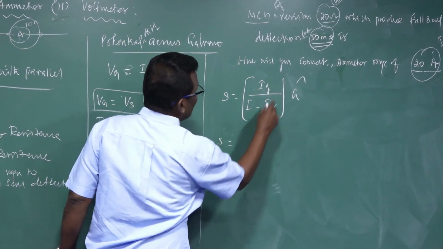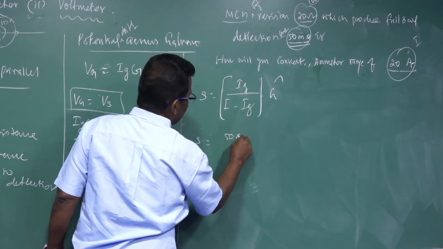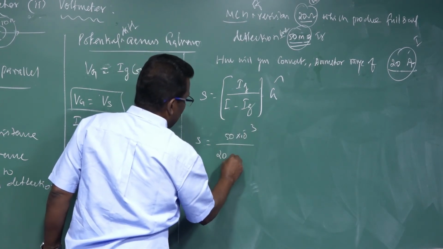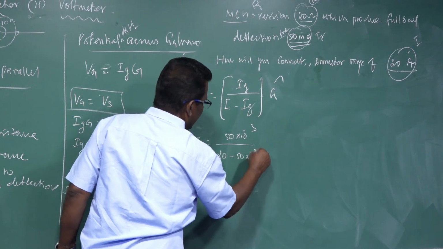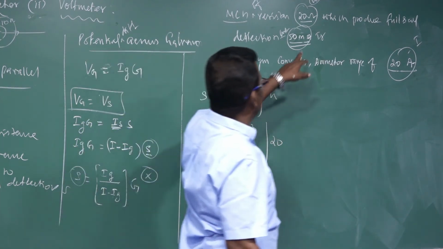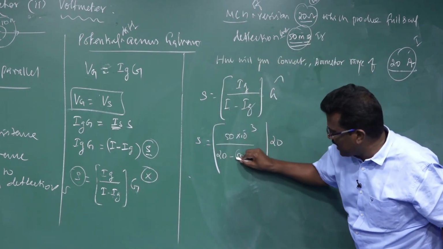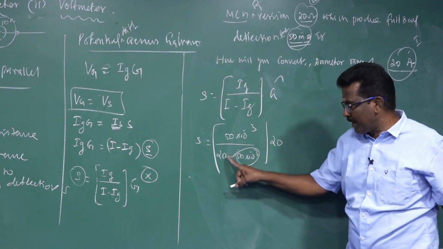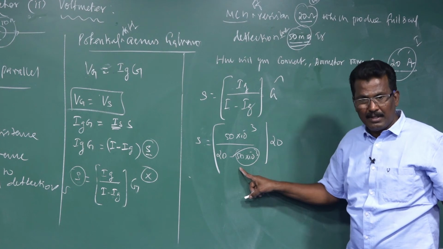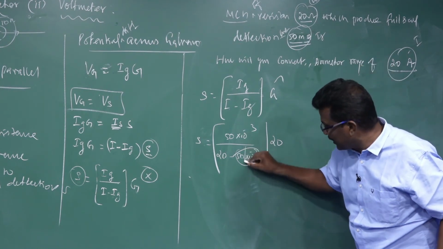So S is equal to Ig, 50 milliampere, so 50 into 10 power minus 3, divided by I, 20, minus 50 into 10 power minus 3, into G, which is equal to 20. See, 20 minus 50 into 10 power minus 3: 50 by 1000, or 5 by 100, is 0.005. It is a very low value compared with 20, so this is neglected.